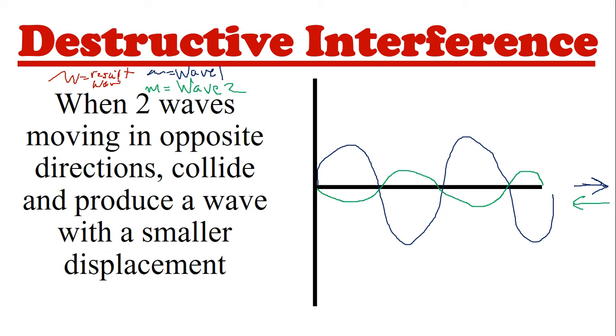And so what happens here is that they're going to cancel each other out, but since one wave is bigger than the other, you're going to get a smaller resulting wave. Sometimes they cancel each other out and you get that, where it just flats out and there's no more wave.